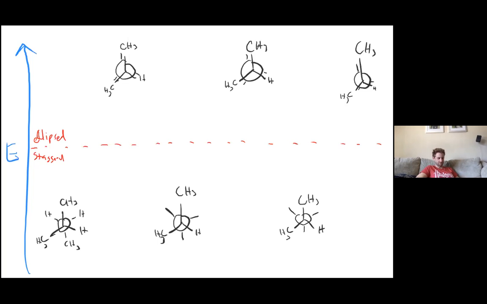All right, so I filled in some of it. So I like to keep the front the same and just rotate the back. Like I said, I've redrawn the front 5 more times, kind of broken it into staggered and eclipsed. If I take this back molecule, rotate, rotate, rotate, that CH3 is now going to be here. The other two are just H's.